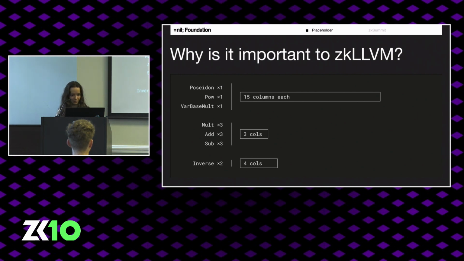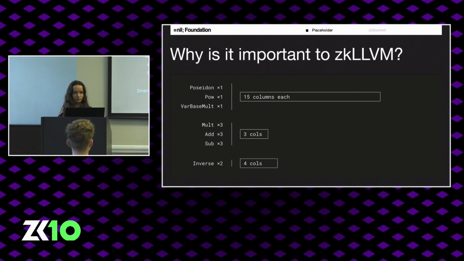So what would we have inside? Let's think: Poseidon, PO, and variable-base multiplication we created specially for Mina. So it would be, for example, 15 columns, but it's just an example. For multiplication, addition, subtraction, it would obviously be 3 columns.